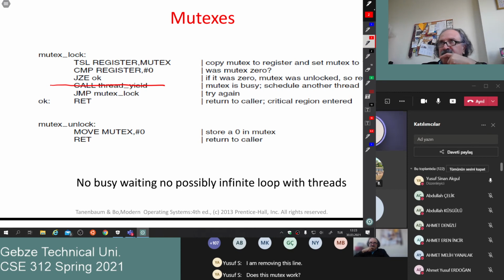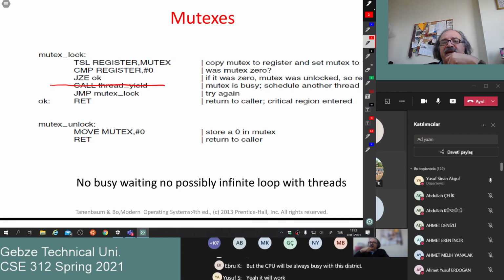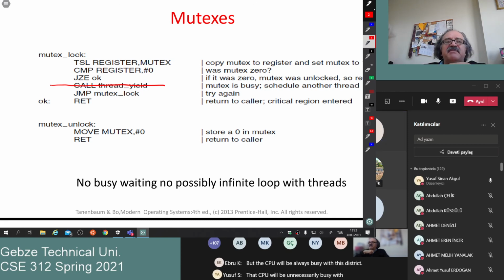Yes, it will work, but the CPU will be unnecessarily busy with this thread because it's a spin lock. We didn't like the spin lock, right? It will keep checking if the mutex is available. If it is not, it will go to the top of the loop and do that again. So that means that I am always ready to run.